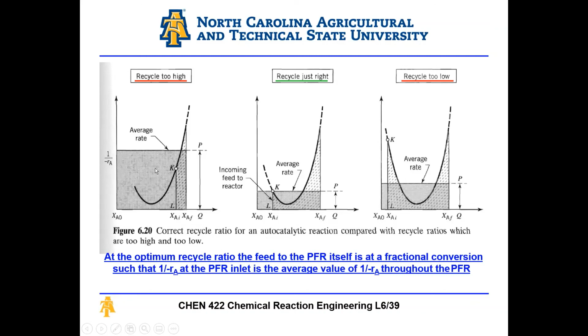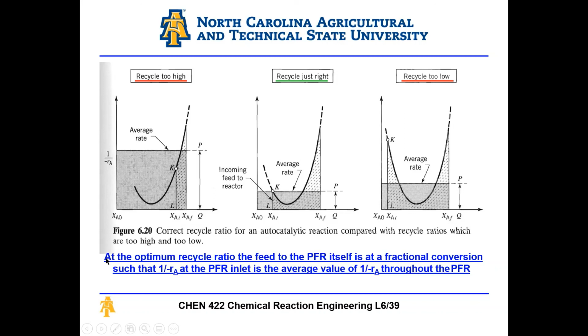This area is just too high. If I get the recycle ratio right, then this area at this point and this area at this point should be the same. If the recycle ratio is too low, then the areas are not the same. The area under the curve is much larger than the area here.